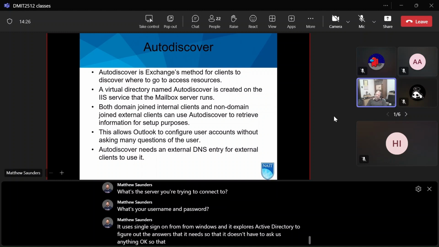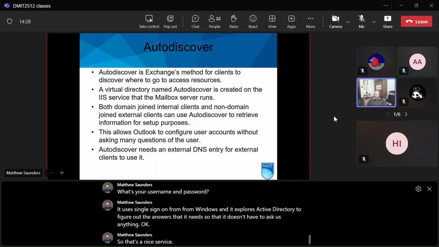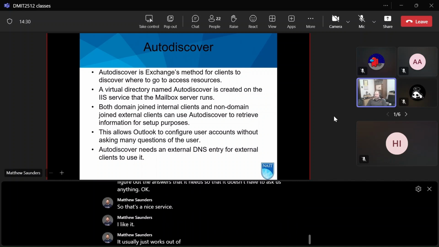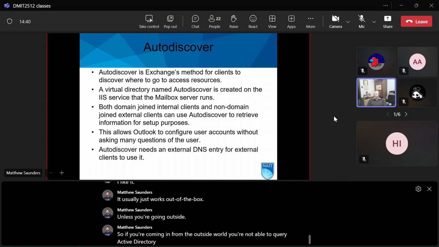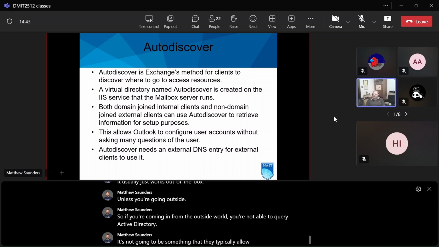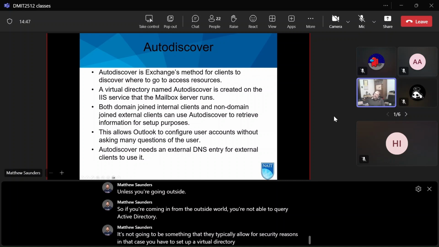Okay, so that's a nice service. I like it. It usually just works out of the box unless you're going outside. So if you're coming in from the outside world, you're not able to query Active Directory. That's not going to be something that they typically allow for security reasons. In that case, you have to set up a virtual directory as an administrator.